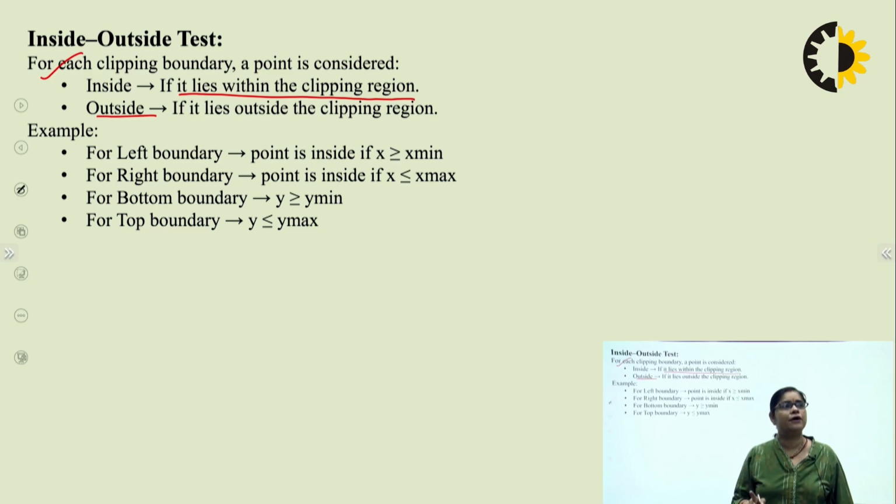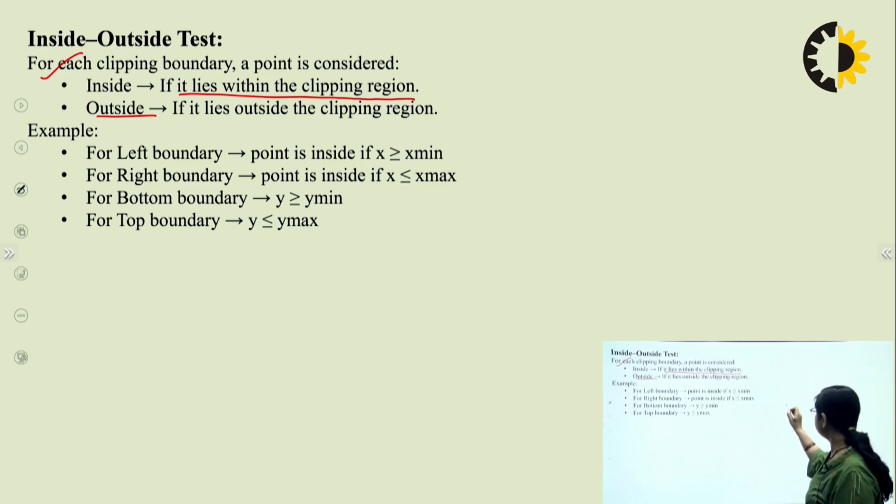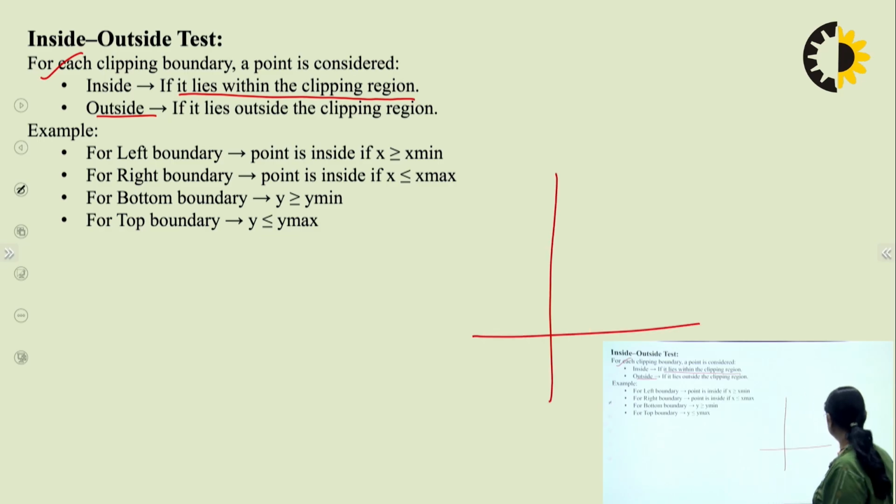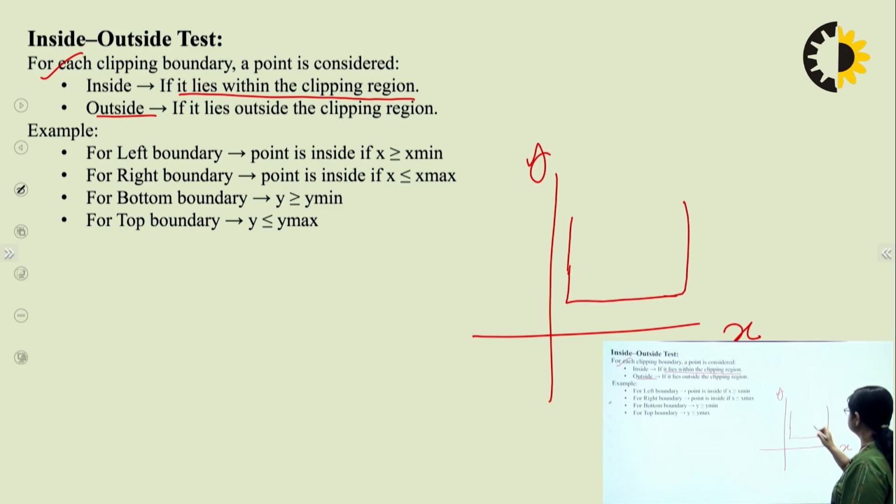That is the inside-outside test. For example, we know this is the x-axis, this is the y-axis, and this is my window. Already we know how we are discussing this.